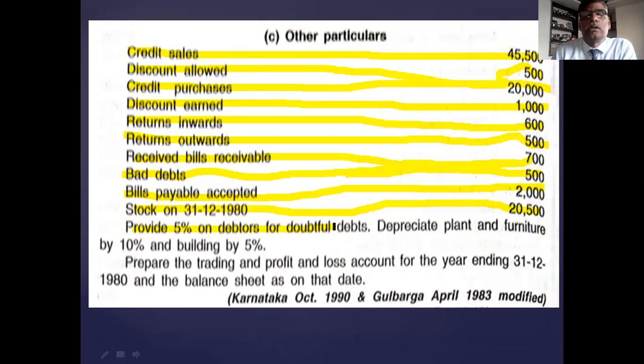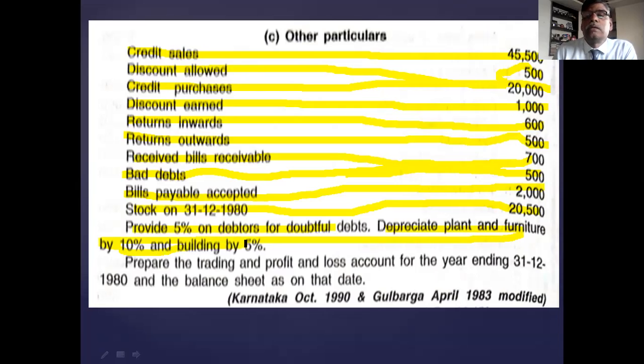Next is depreciation. Depreciate plant and machinery by 10%. First you take 10% on plant and 10% on furniture in the P&L account. Then deduct in the asset side of the balance sheet, in the respective asset.